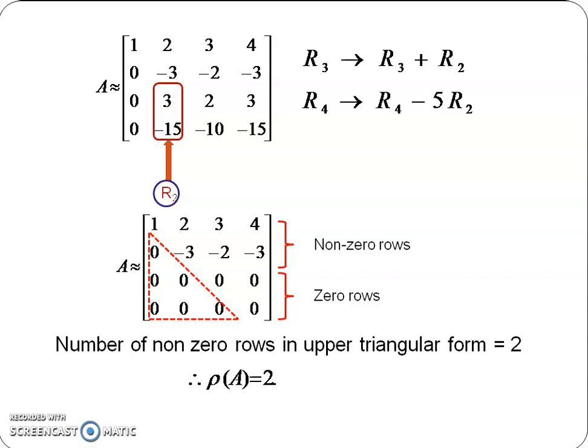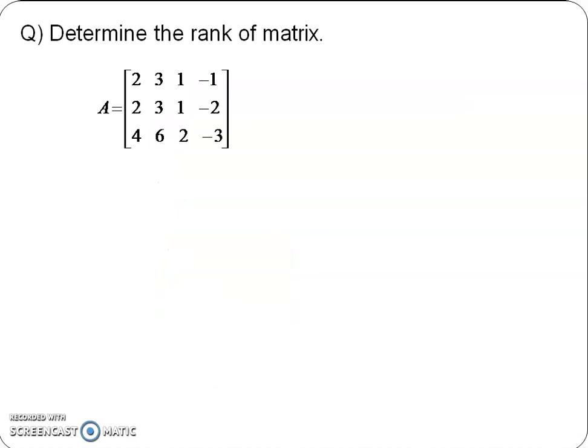So all these examples are of square matrices. Now we'll take a rectangular matrix. This matrix A is of order 2 cross 3.